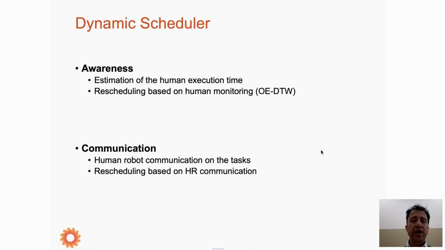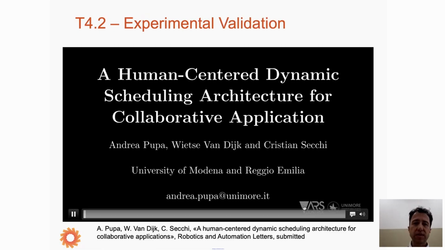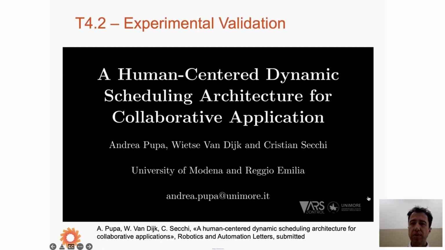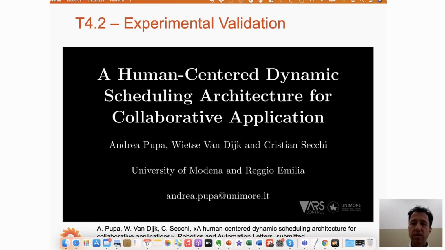And of course, the human can communicate with the robot because, for example, I may be very skilled in executing a certain task that is nominally assigned to the robot, and I want to tell the scheduler, hey, I want to do that, and the scheduler rearranges all the tasks in order to provide me with the task I want to execute.